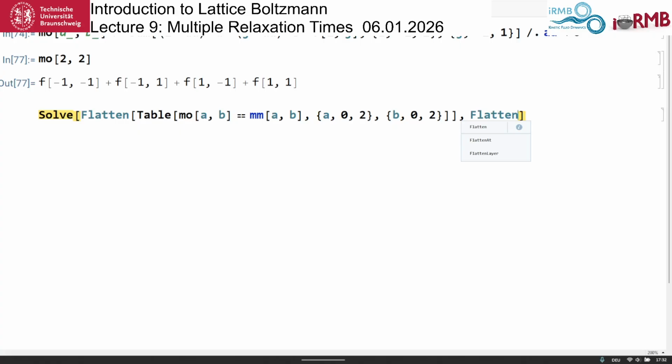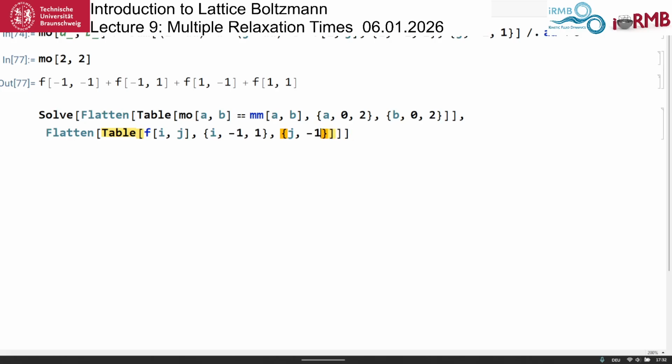So flatten table, so F, I, and J. And we go from I minus 1 to 1 and J minus 1 to 1.